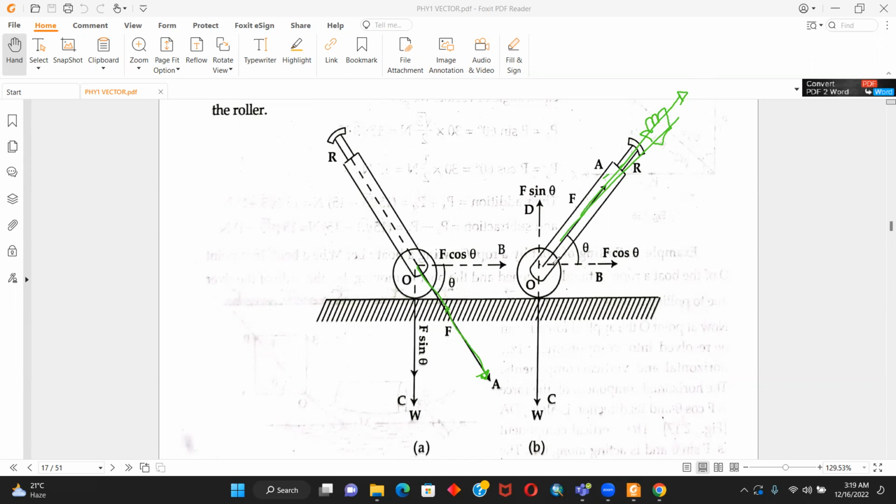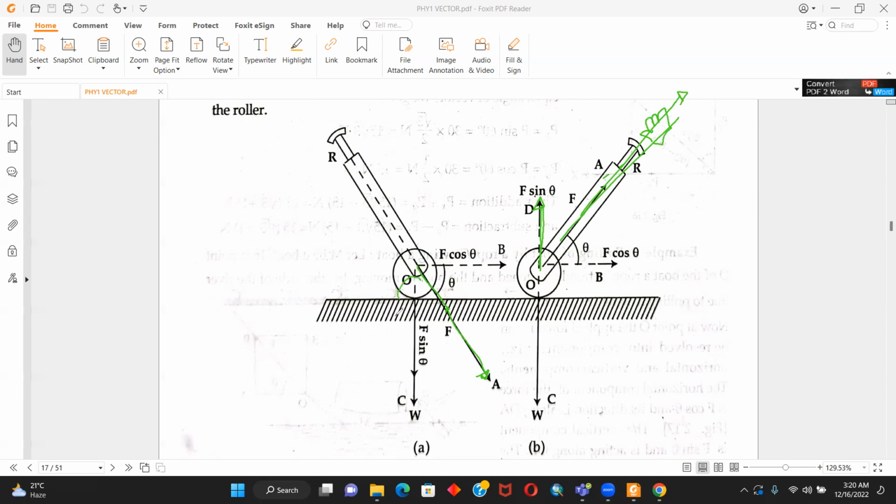It creates an angle of theta again with the x-axis, and we get F cosine theta. Then F sine theta works in the upward direction. So F sine theta works upward if we are pulling, but if you are pushing, F sine theta works in the downward direction.